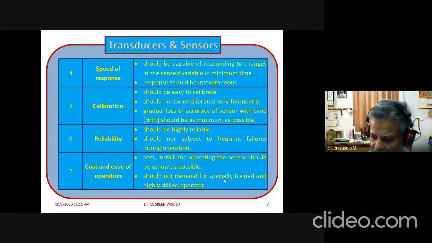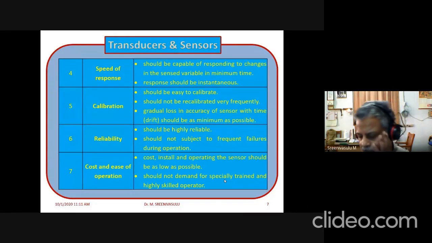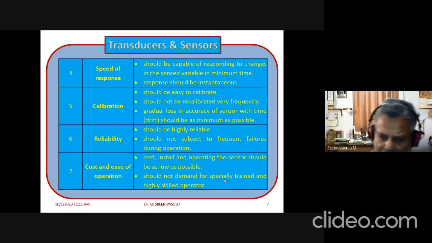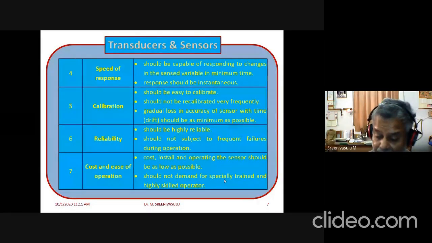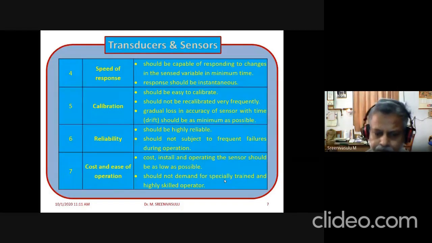Say for example, you have attached a sensor to measure velocity. During its period of usage, the actual velocity may be something, and the velocity being sensed is going to be something else. Then that is going to create problems.